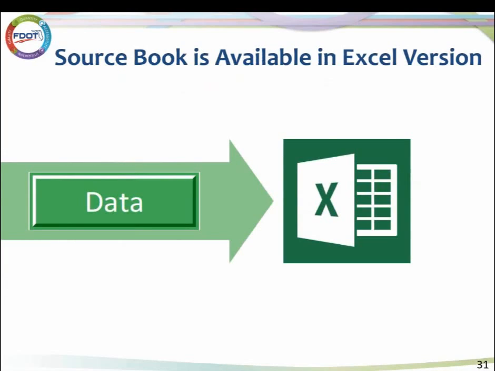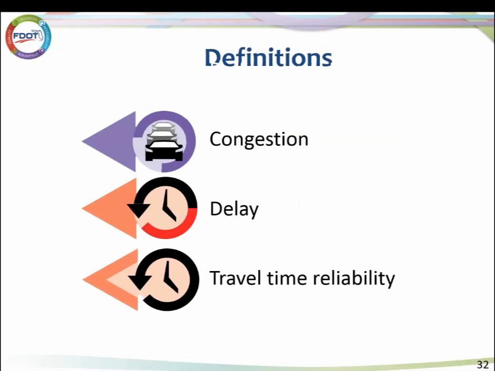The measures are presented in Microsoft Excel tables and graphs for the peak hour, peak period, daily, and yearly. Doug and I will spend some time this morning clarifying some of the definitions commonly used in performance reporting.